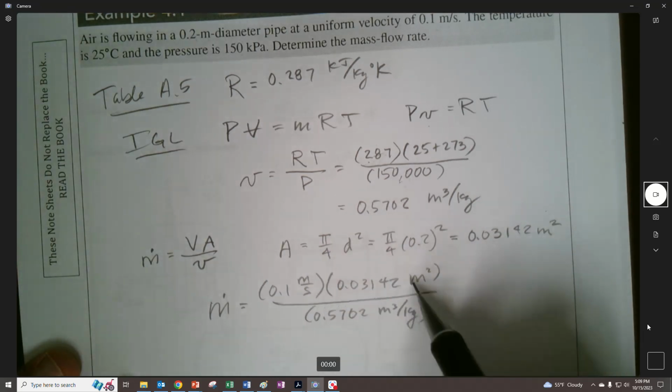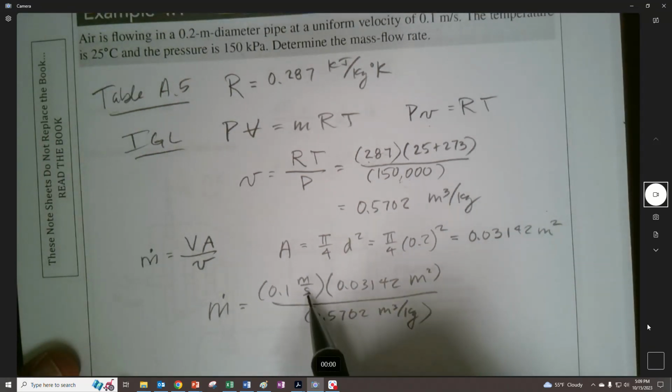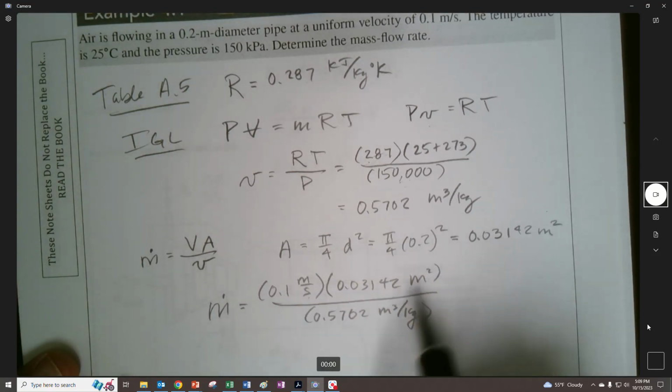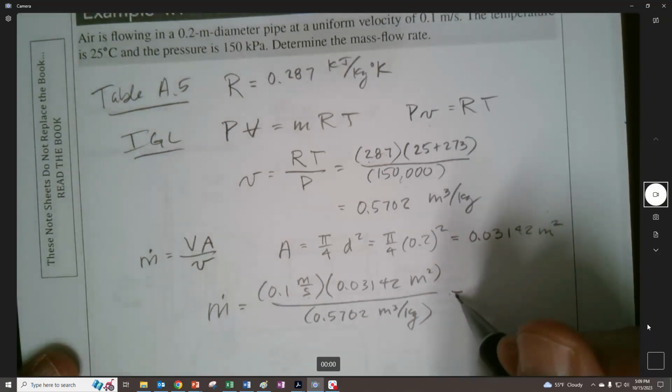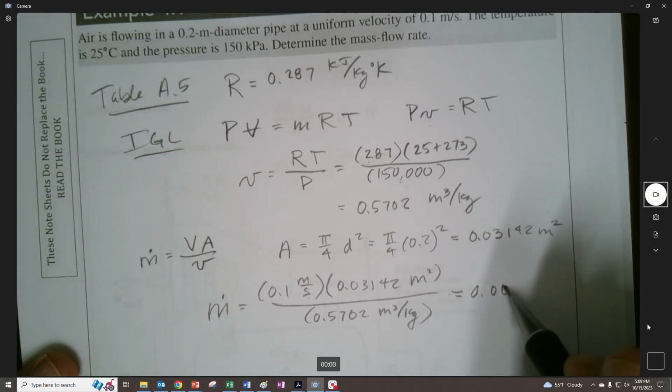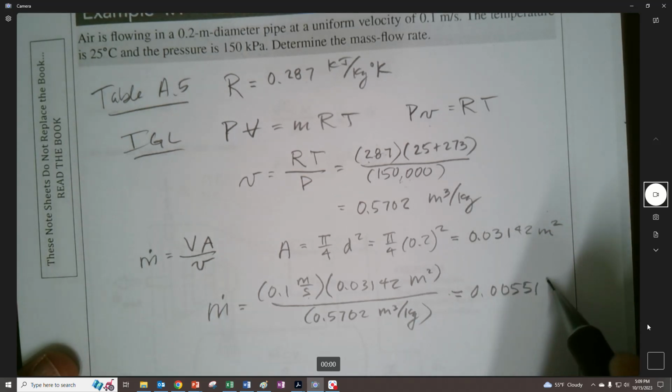And then looking at the units, you'll see the seconds are going to stay there, but we have a square meter and a meter, so that's meter cubed, okay, they all work out, and that kilogram comes back to the top. So we get 0.00551, good enough, kilograms per second.